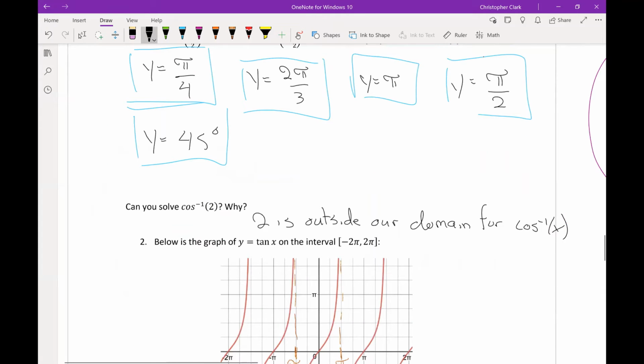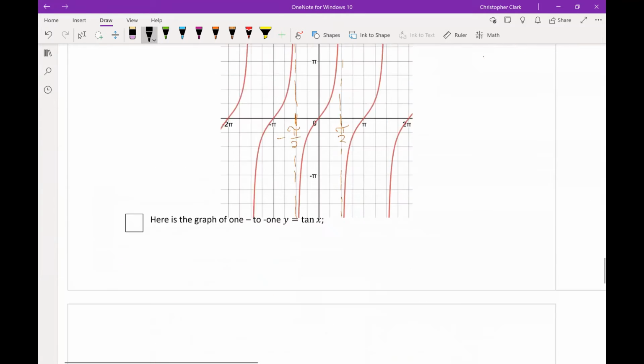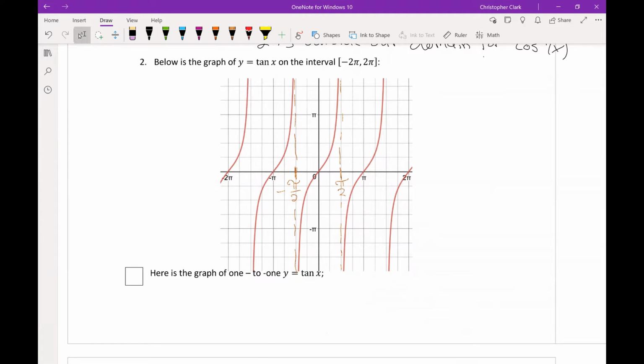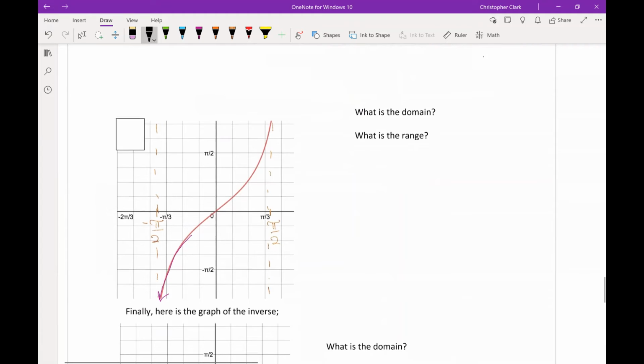The problem with tangent is that, in our original function, because these are asymptotes, when we slice it and pull it down, those asymptotes remain. So it never actually touches negative pi over 2 or pi over 2. So we're going to use open brackets, negative pi over 2 to pi over 2.